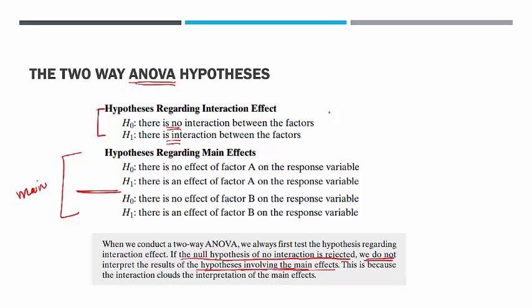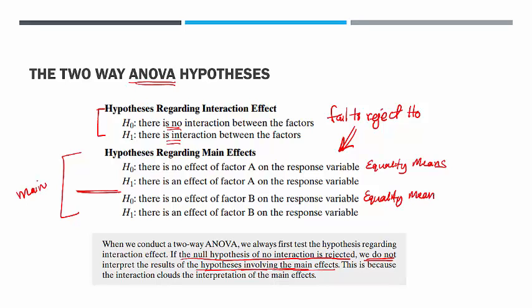But if we fail to reject the null hypothesis, it doesn't mean there's absolutely no interaction, but it does indicate that we don't have evidence that there is. So we'll go ahead and we'll do the test for the two main effects. And again, this is equality of means across the levels of both factor A and factor B, right?